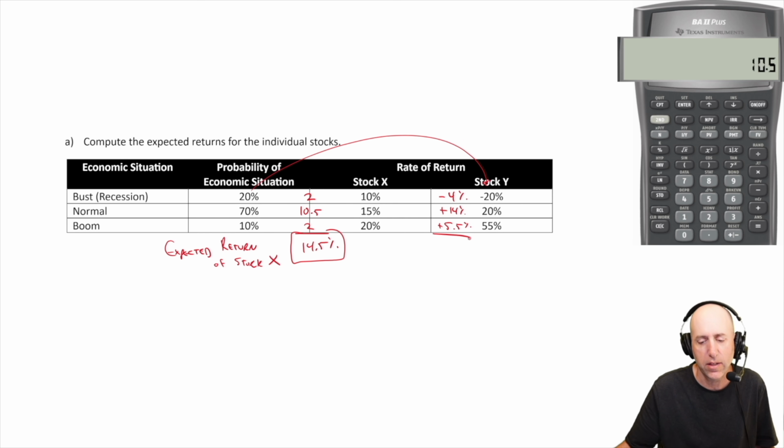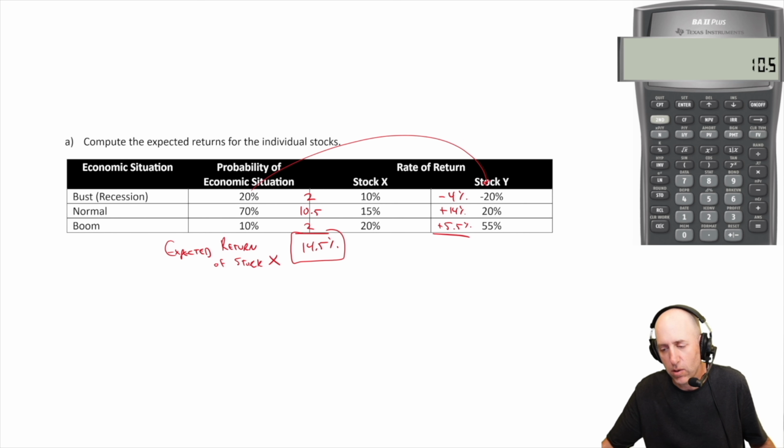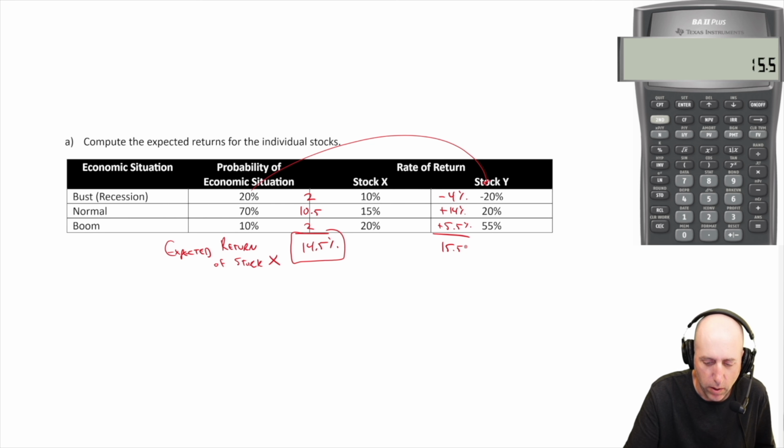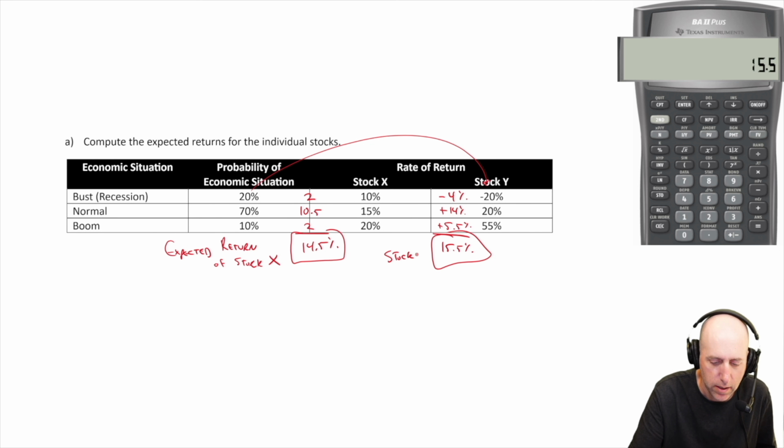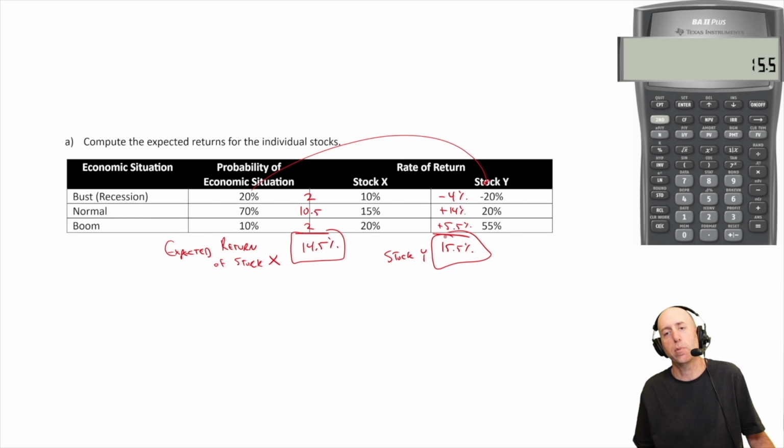Just doing some math here. So let's add that up for stock Y: negative 4 plus 14 plus 5.5 is 15.5%. So our expected return for stock Y is 15.5%.